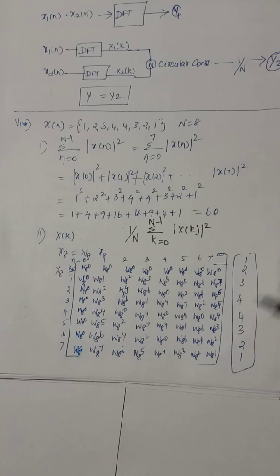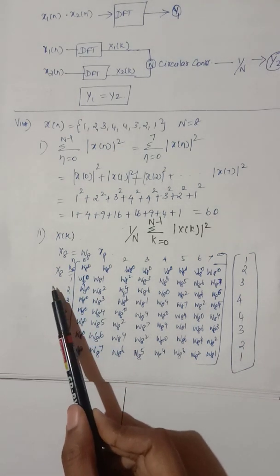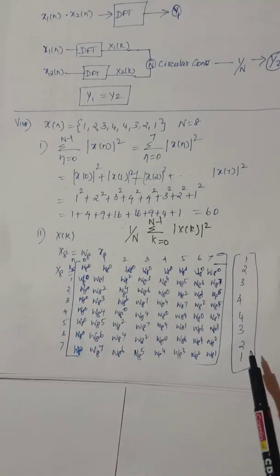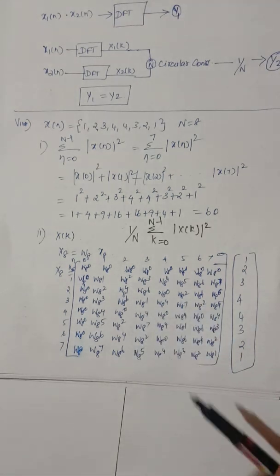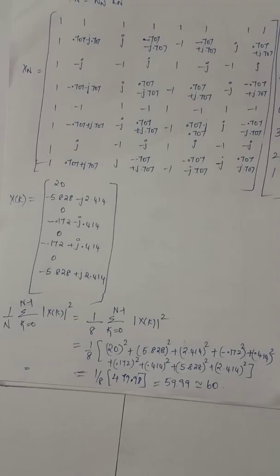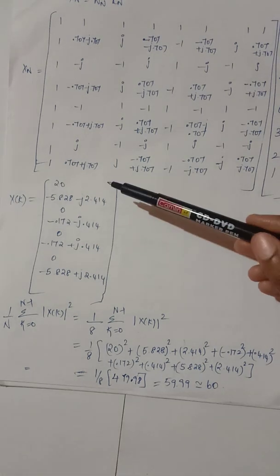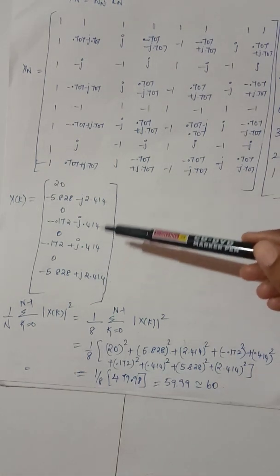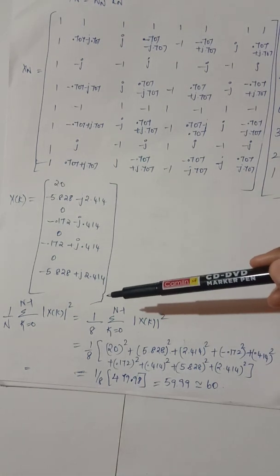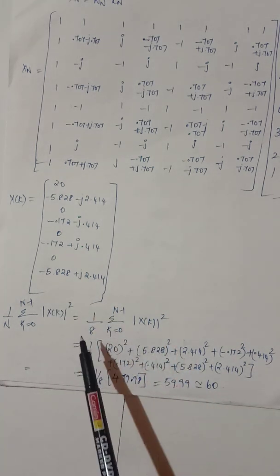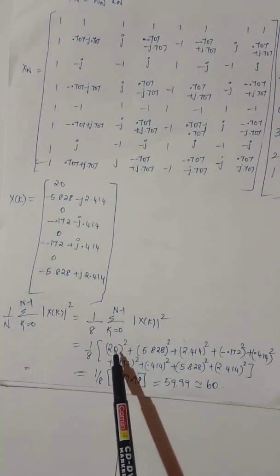So first I am going to perform DFT using the linear transformation method. You are all familiar with these concepts. When you perform DFT, what you get are these answers. Already you have done this in the tutorial problem. Then I am going to take the magnitudes, square them, and sum all these values.